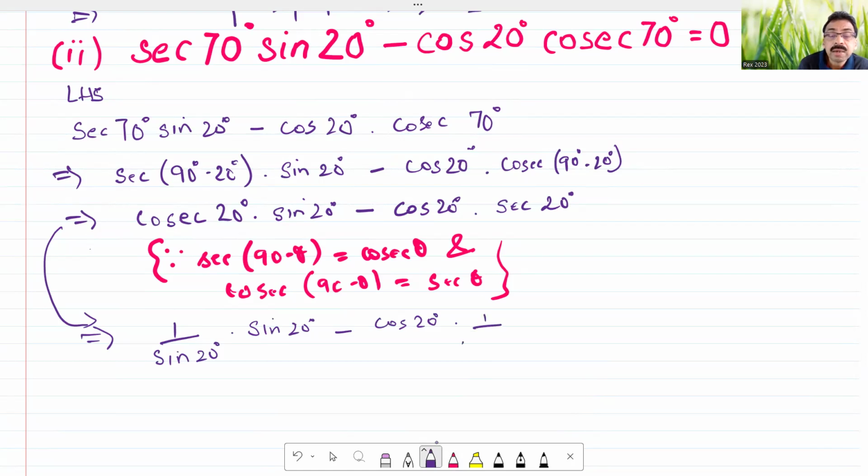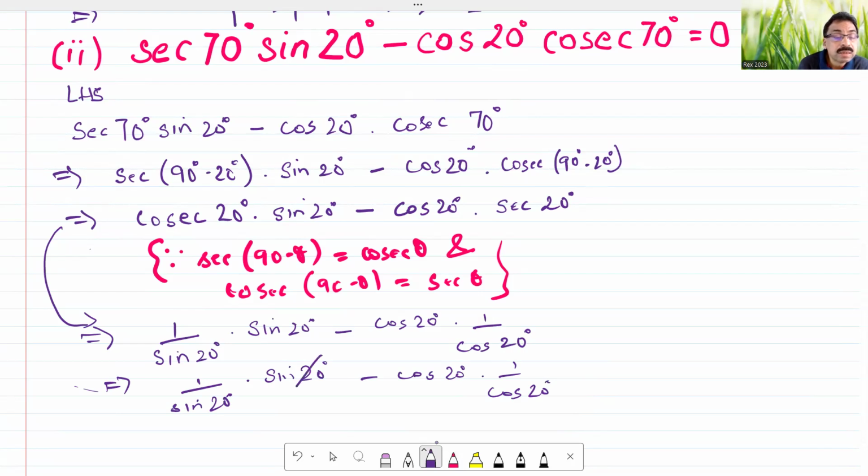Sec is 1 by cos. So sec 20 is 1 by cos 20. Here 1 by sine 20 degrees into sine 20 degrees minus cos 20 degrees into 1 by cos 20 degrees.